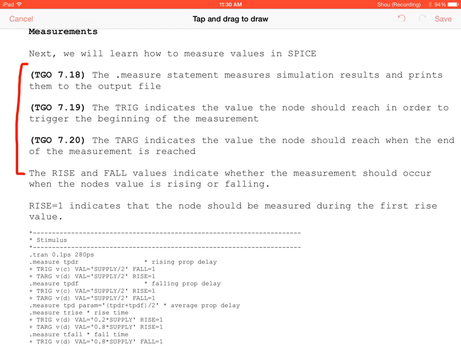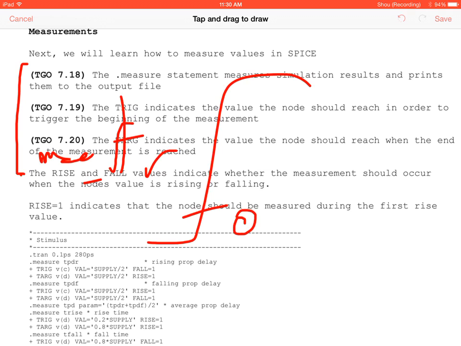Also, we're going to be using these things called rise and fall. So if we're measuring rise time, let's say we're going to call this TR, and we're going to do dot measure TR. Well, let's say that our trigger is, typically, 0.2 of the supply, and the target is 0.8 of the supply.